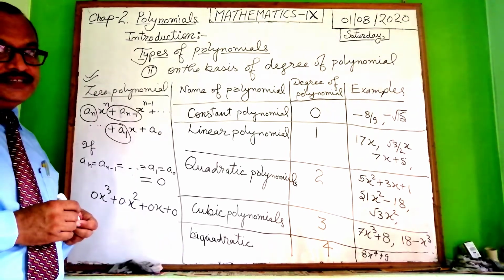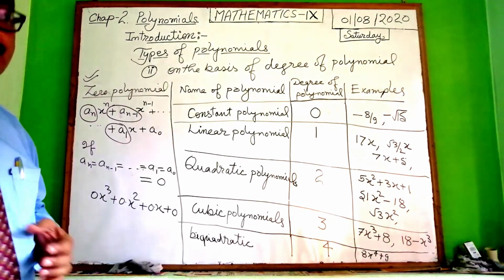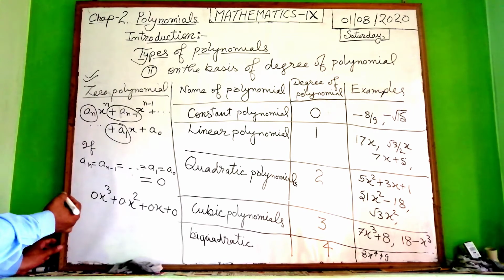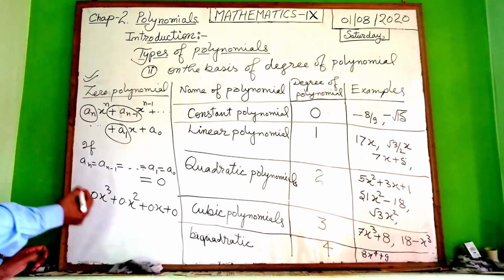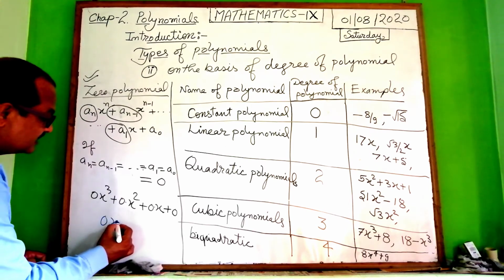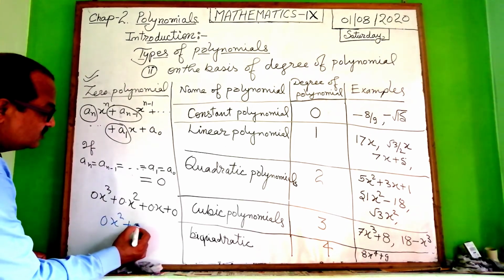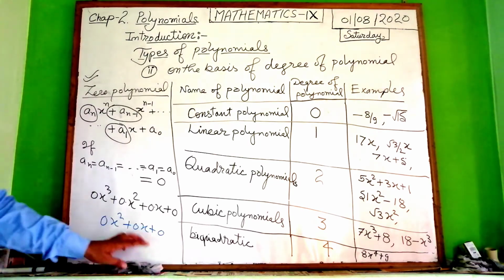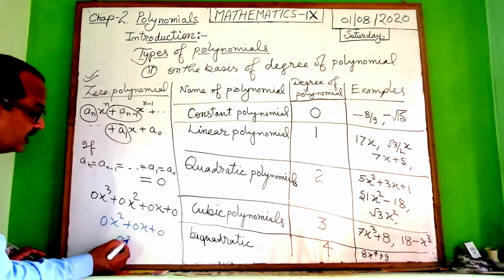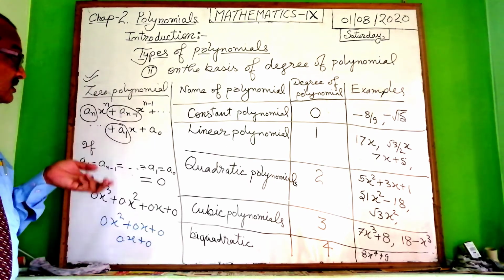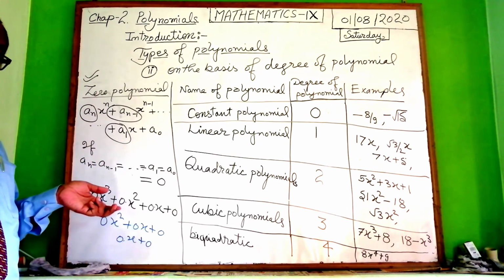Now the question arises, what is the degree of a zero polynomial? For understanding, you can see it is not defined. So many zero polynomials you can write: 0x square plus 0x plus 0 is also a zero polynomial. 0 into x plus 0 is also one.